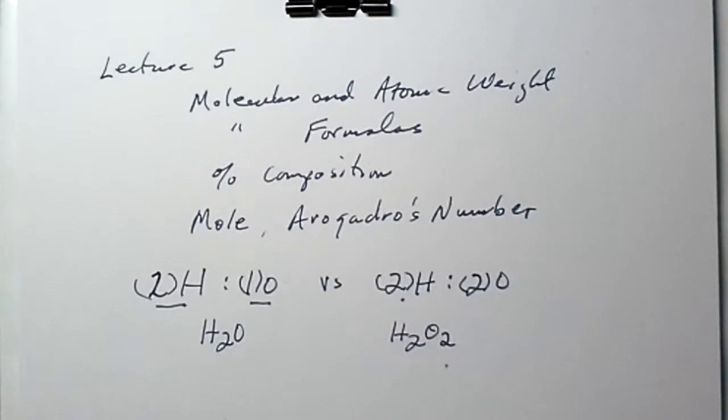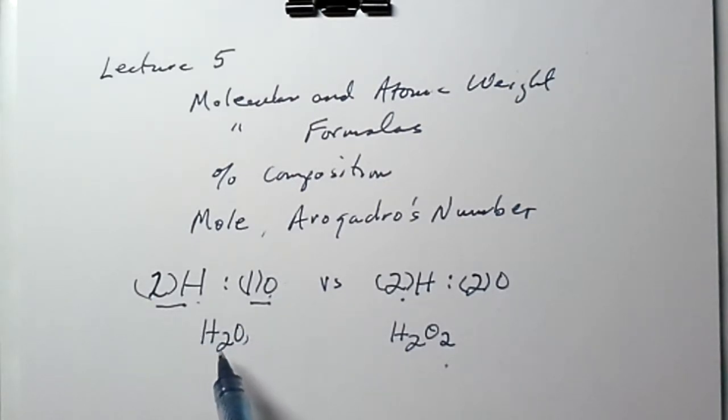So in discovering compounds, trying to determine what they are, what they're made of, part of that process is determining what the ratio is of elements like hydrogen and oxygen to one another in order to form a compound or a molecule like water. Okay, and remember, individual elements that are found in the periodic table consist of the same atom.